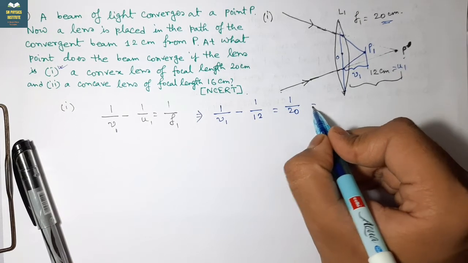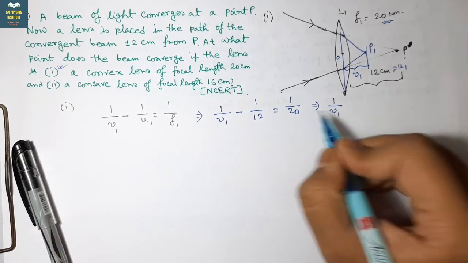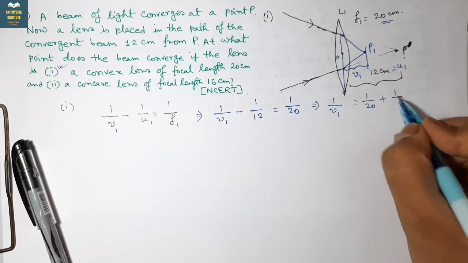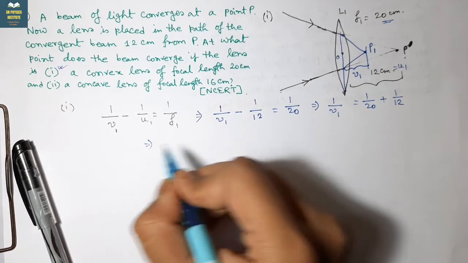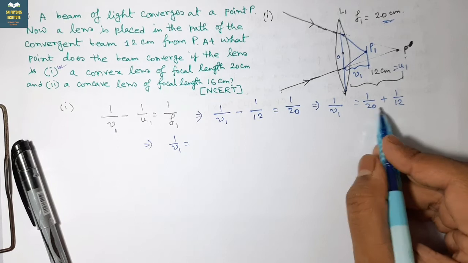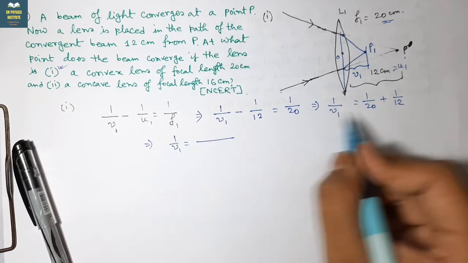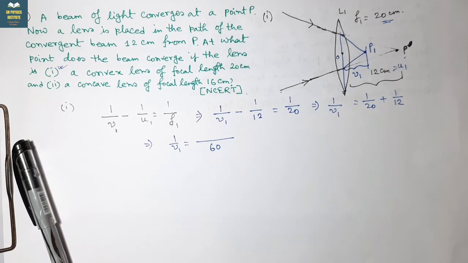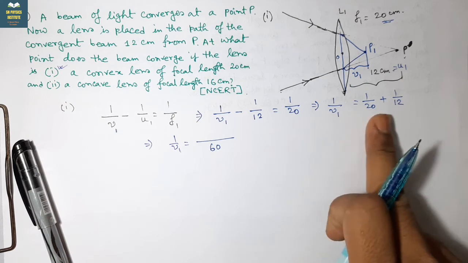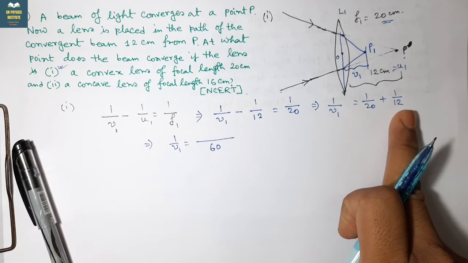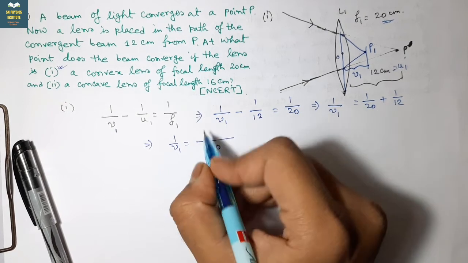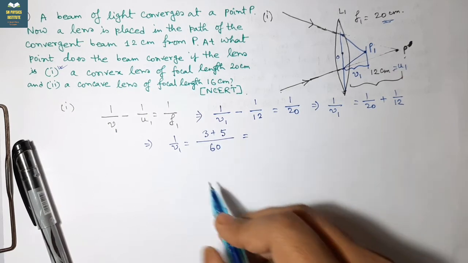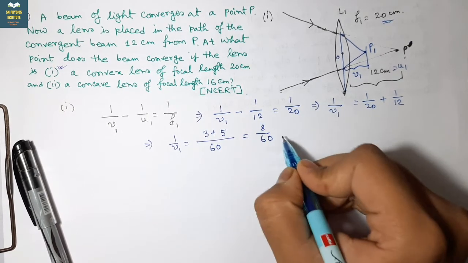If you calculate the value, 1 by V1 is equal to 1 by 20 plus 1 by 12. The LCM is 60, so this is 3 plus 5, that means 8 by 60.